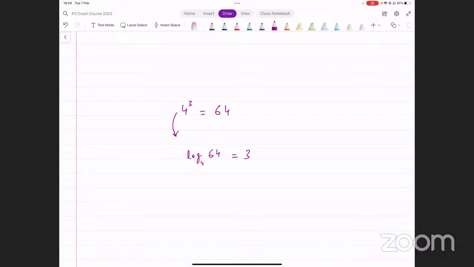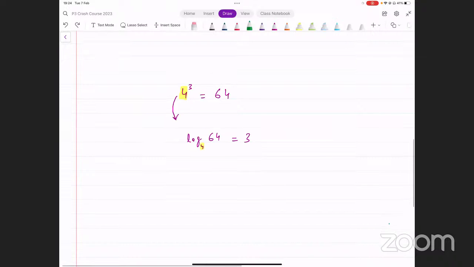You've got the same 3 numbers. 4, that's coming here. And you have 3, that 3 has gone here, and 64, that 64 has come here. Those same 3 numbers can be connected using logs as well.